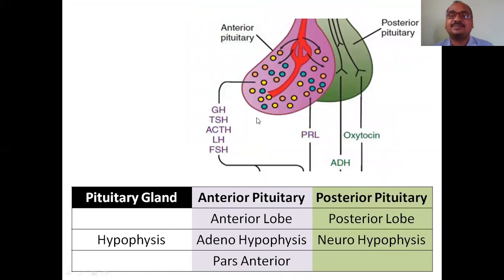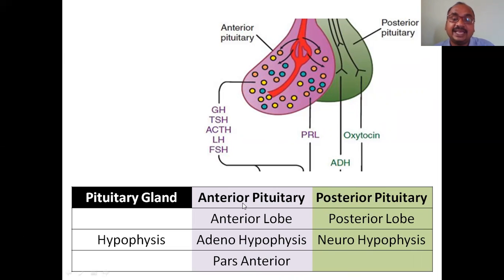These are the synonyms of the anterior lobe and posterior lobe. The total pituitary gland is also called the hypophysis. The anterior pituitary gland is called the adenohypophysis. The posterior pituitary gland is called the neurohypophysis because it is well supplied with neurons. Neurohypophysis, the posterior, present at the back side, is also called the posterior pituitary.